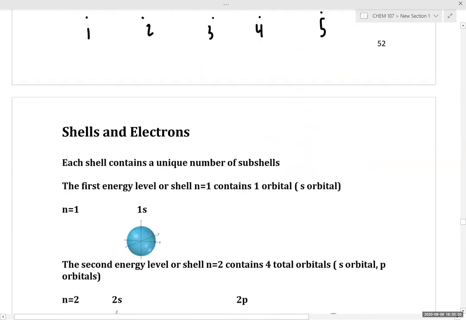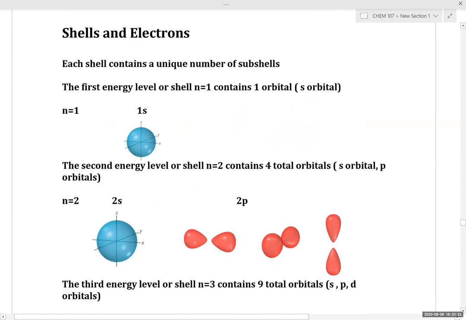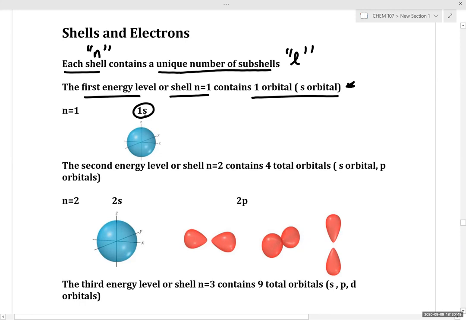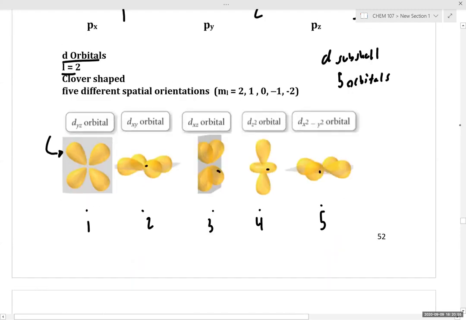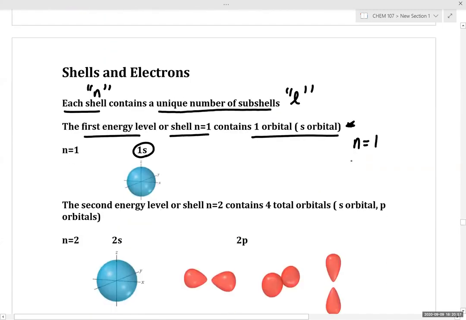When we think about shells and electrons, we're going to talk about each shell. Each shell, which corresponds to a value of n, contains a unique number of subshells, which are L values. The first energy level or shell, n equals 1, contains 1 orbital, our s orbital. For n equals 1, we can have L equals 0, and that's it.